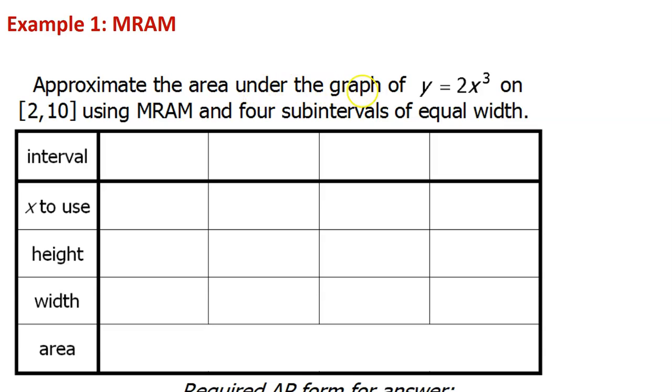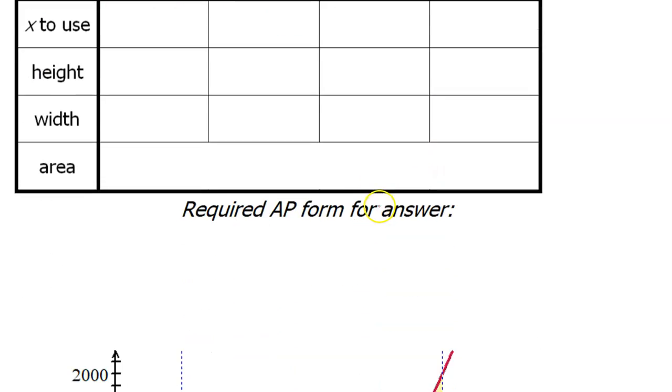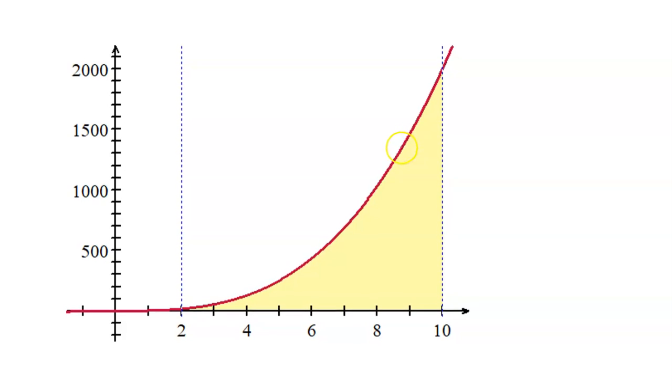Approximate the area under the graph of y equals 2x to the third power on the interval from 2 to 10 using MRAM, midpoint rectangle approximation method, and 4 subintervals of equal width. So they helpfully gave us a picture for this one.